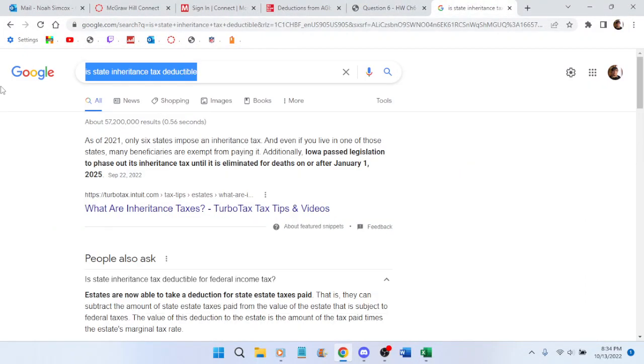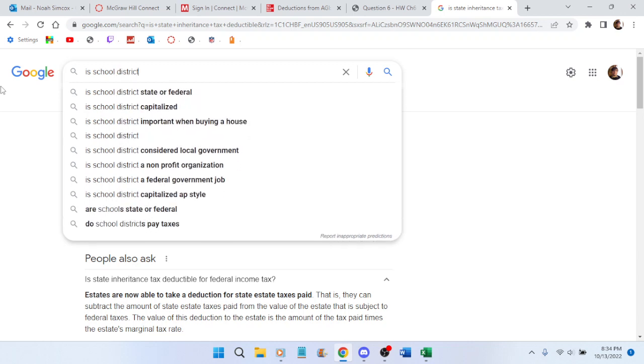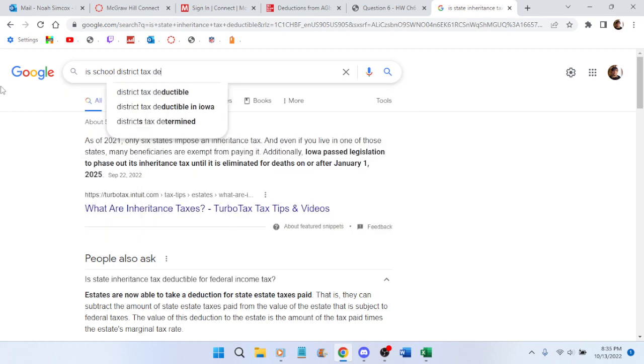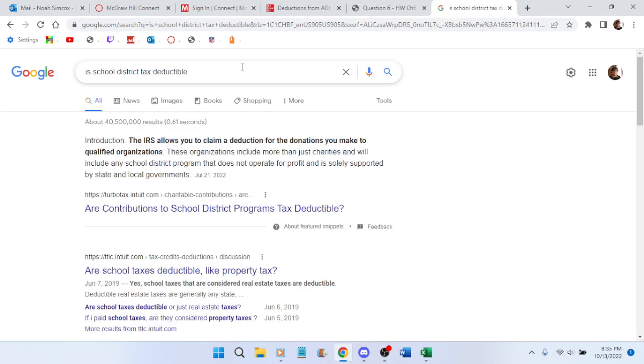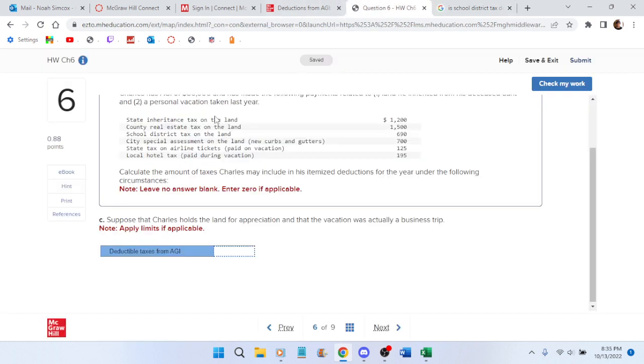School district tax. Tax deductible. But that's a tax, not a charity. I mean, these are all taxes on land.